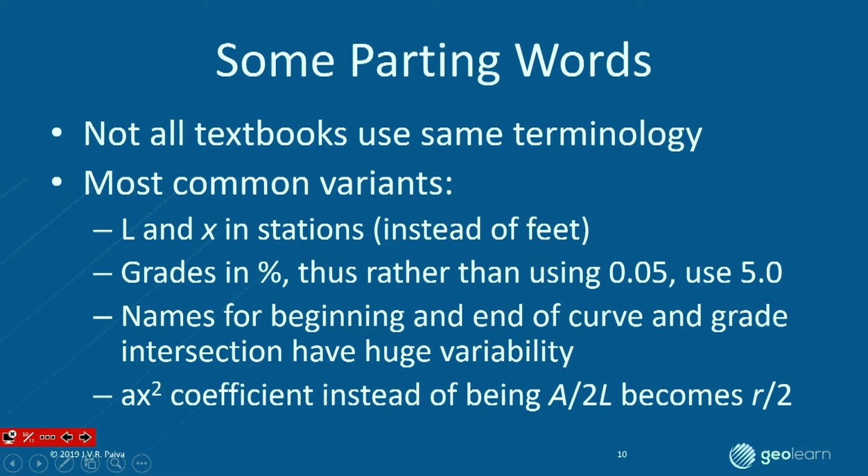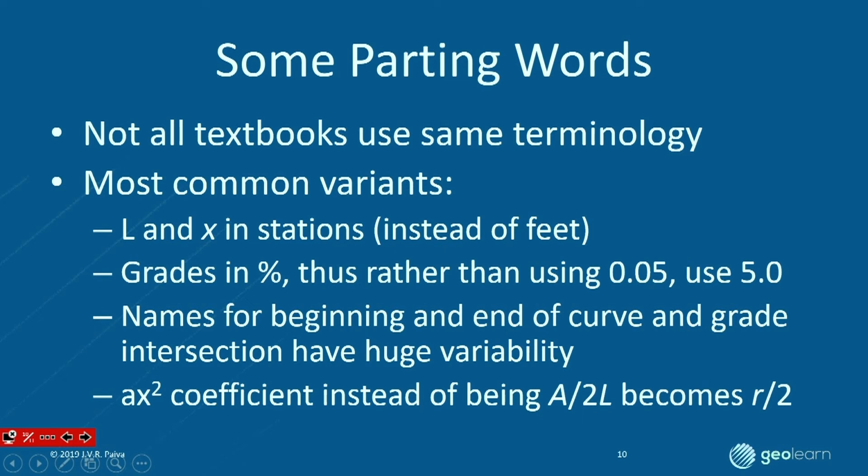So you remember we had 192 feet, but we might actually put that in as 1.92 stations. That's almost always the case when the grades are put in percent rather than pure numbers. If you remember in this particular example, A was 0.05, but in this variation you would use 5 instead for the percent grade. I'm not saying you do it unless you make all these changes.